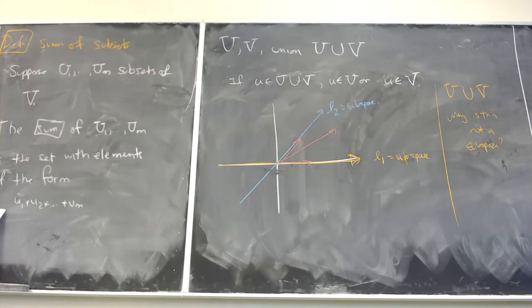So it's just pick one from U1 and one from U2 and one from U3 and one from U4, all the way to UM, and then just add them all together.